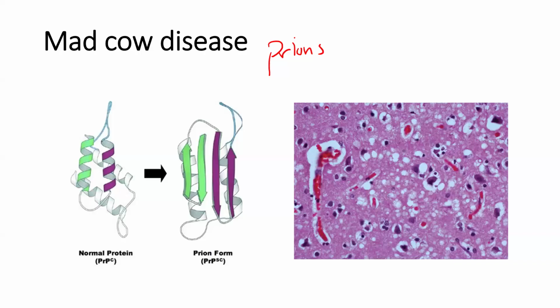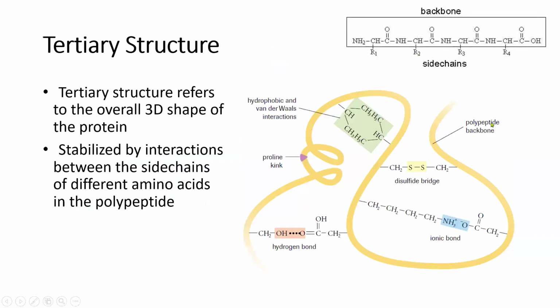So it looks like a sponge. So that's an example where understanding the secondary structure of a protein is going to be important. It's one of the reasons, anyways. Okay. Now we're going to move on to the tertiary structure. Right, tertiary structure. So we have this thing already. We have some helix here, we have some beta sheet.